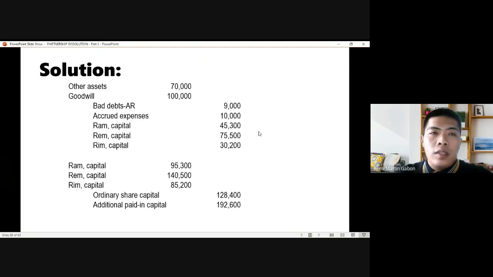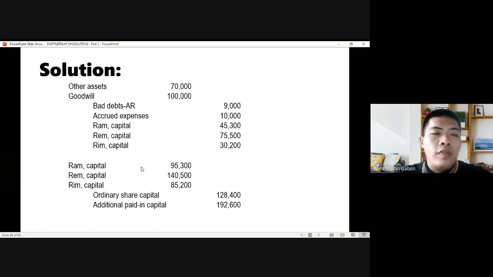Okay. So to record the conversion, adjust the other assets, debit for 70,000, recognize goodwill for 100,000, credit bad debts, accounts receivable 9,000, credit accrued expenses for 10,000, then the respective share in the net adjustment, 45,300, 75,500, and 30,200 respectively for RAM, REM, and RIM.